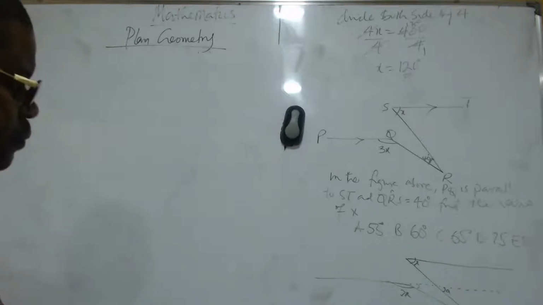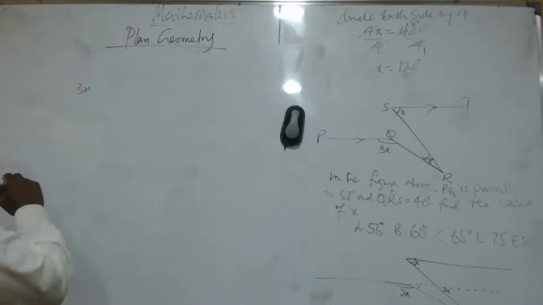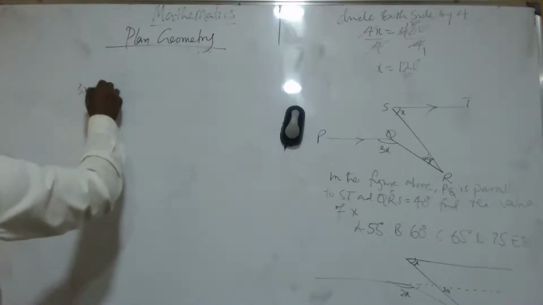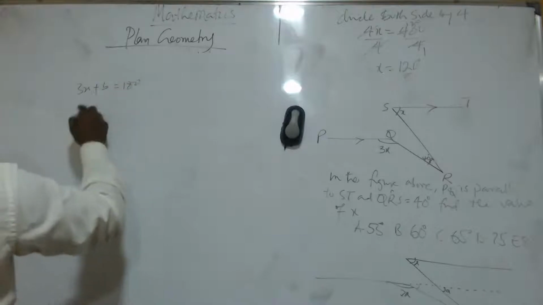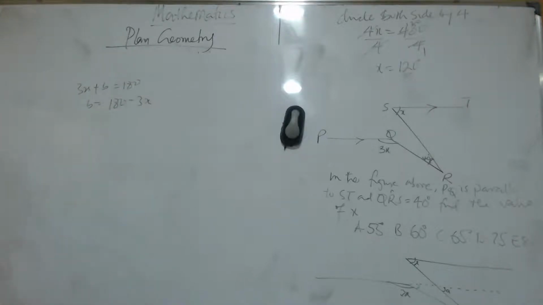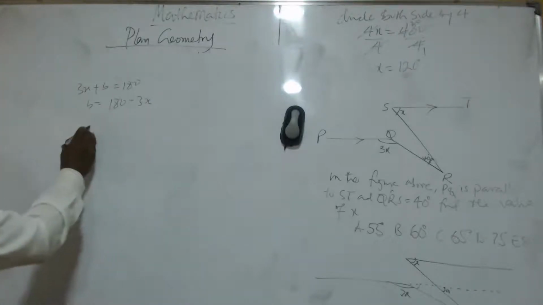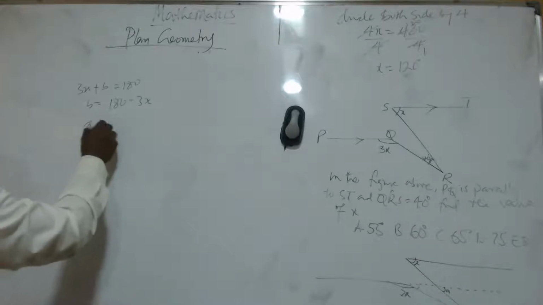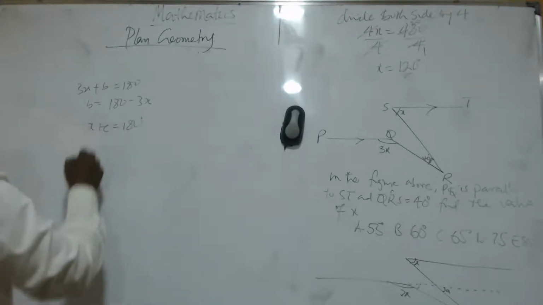Okay. Then we have 3x plus b equals 180. So b is 180 minus 3x. Then you're going to have a plus c equals 180.